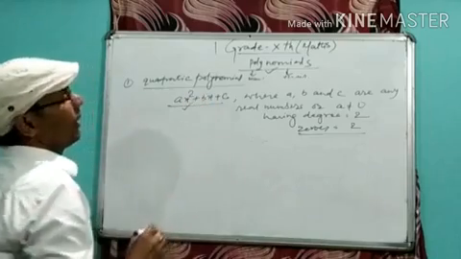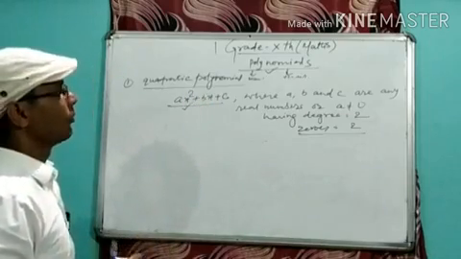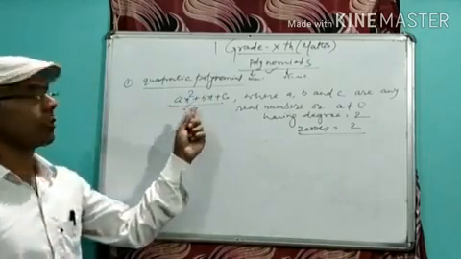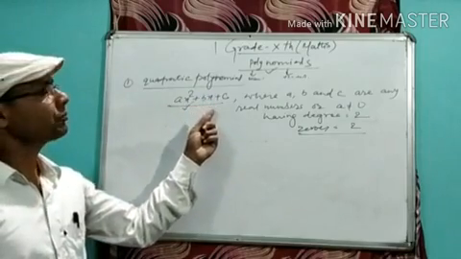This is the standard form of a quadratic polynomial, ax squared plus bx plus c.